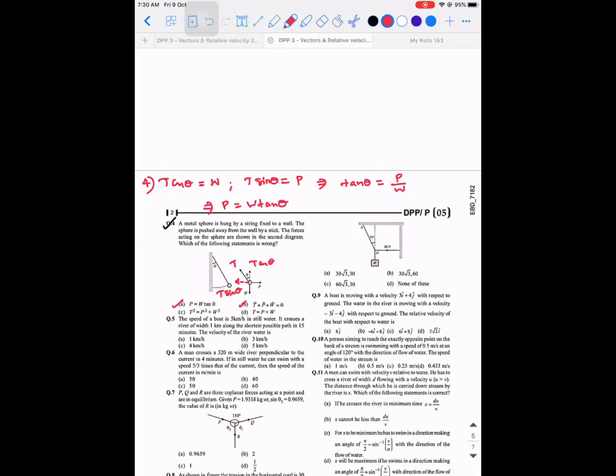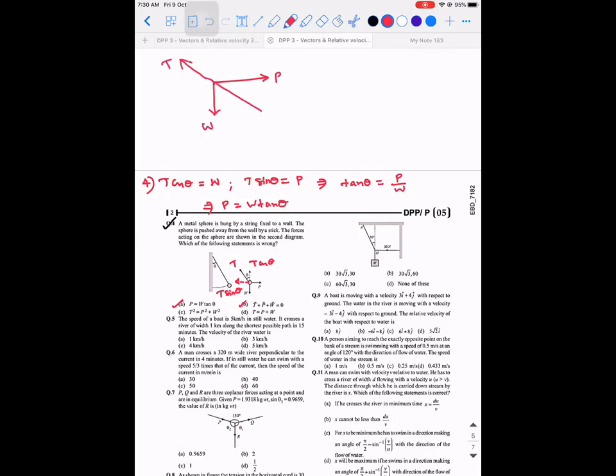Is that right? So observe, that is also right, because if this is the P vector, this is the W vector, and tension is in this direction.